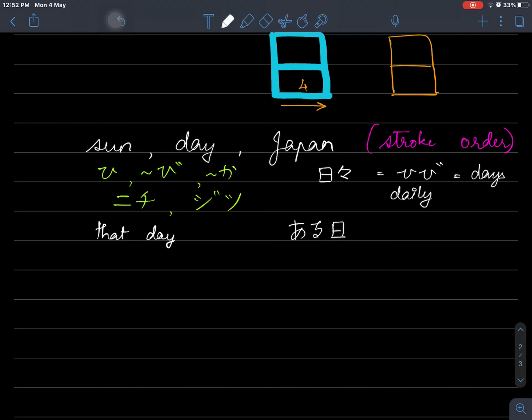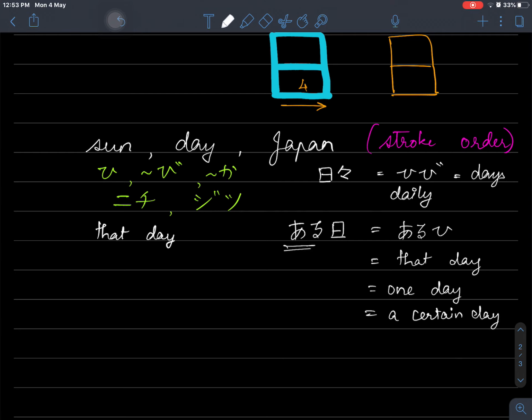This is aruhi, which means that day or a day, a particular day, one day, a certain day, that kind of meaning. That's what aruhi means. The importance here is not to be paid to aru. The importance here is to be paid to hi. That is how that is used.